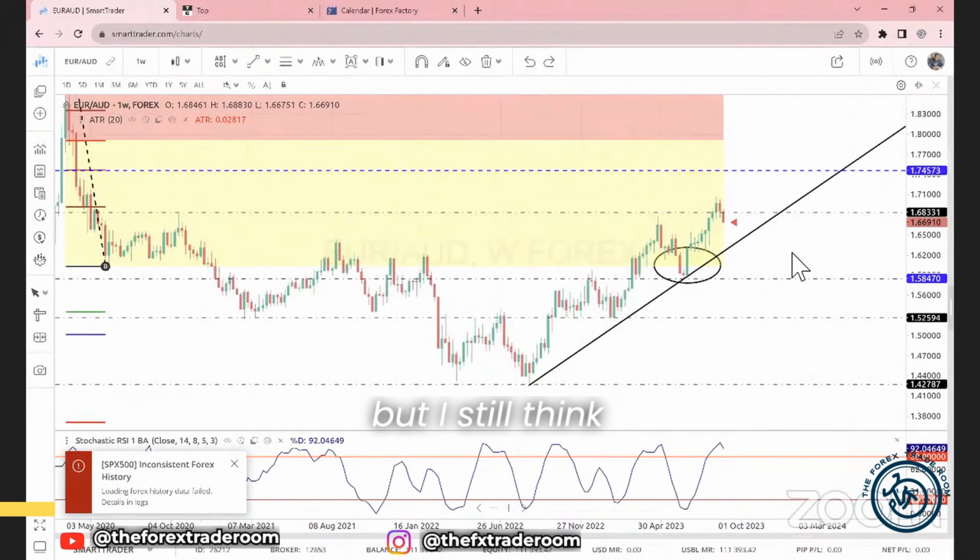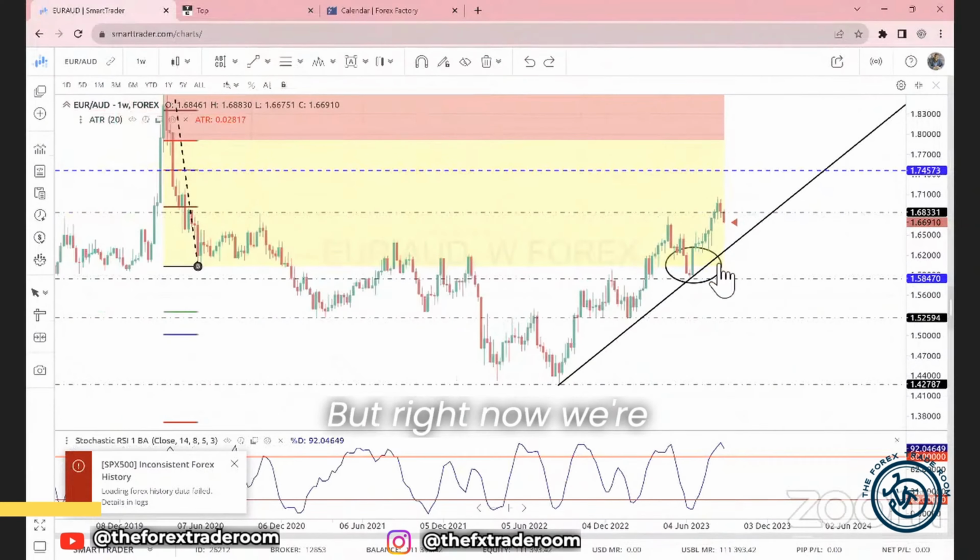But I still think, because of the inflation situation where everybody's having the same issue with wage pressure, right? Wages are sticky in Europe. So despite some of the economic data, they may still be looking at 25 basis points in September.